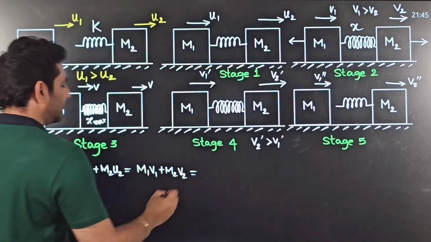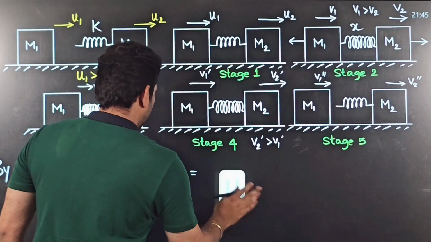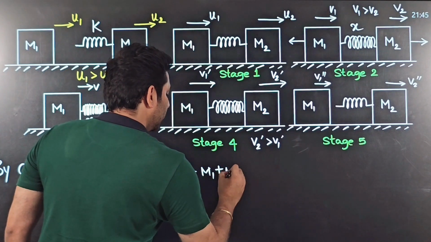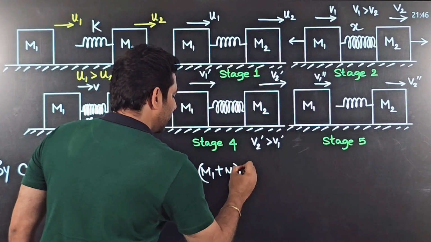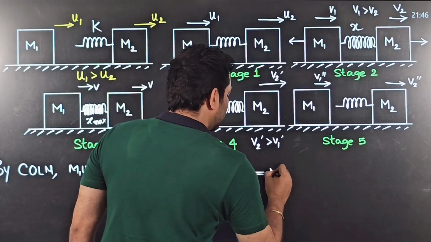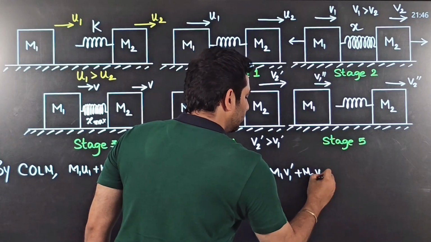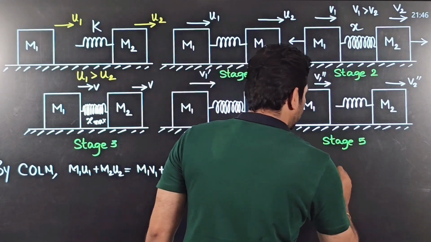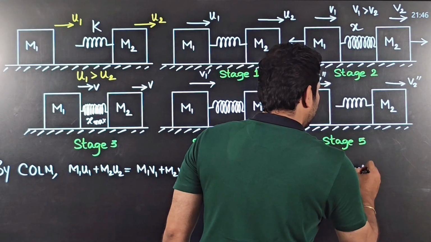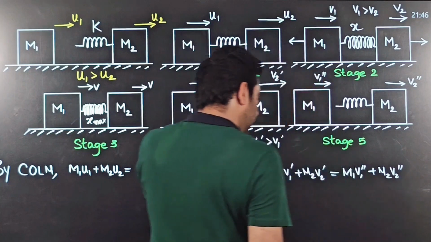That is equal to momentum in stage 3, that is m1 v plus m2 v, that is (m1 plus m2) times v, which is equal to total momentum in stage 4, that is m1 v1 dash plus m2 v2 dash. That is equal to total momentum in the final stage, that is m1 v1 double dash plus m2 v2 double dash.